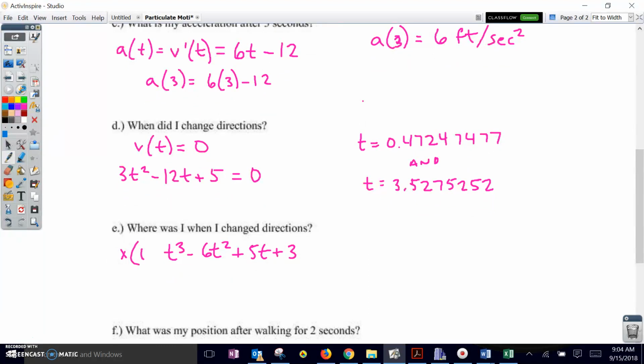Alright, that's my initial position function. And in order to figure out where I was, I'm just going to go ahead and substitute those times into this position function and figure out what my position was at those times.